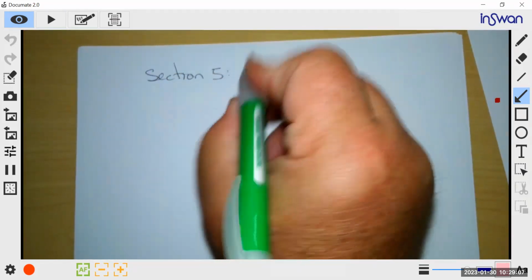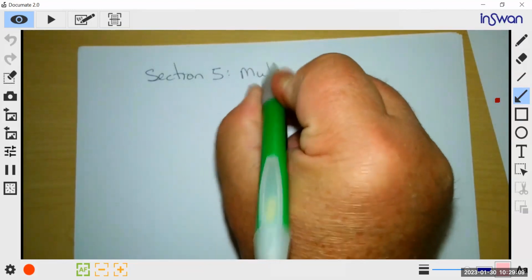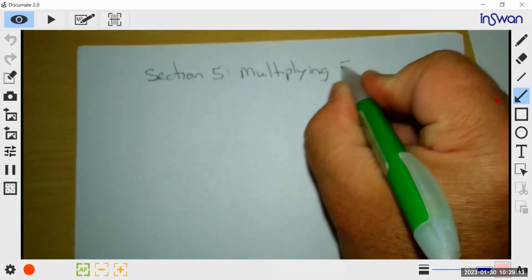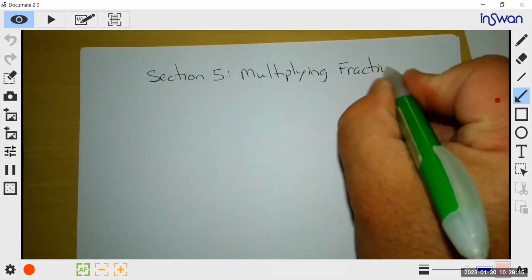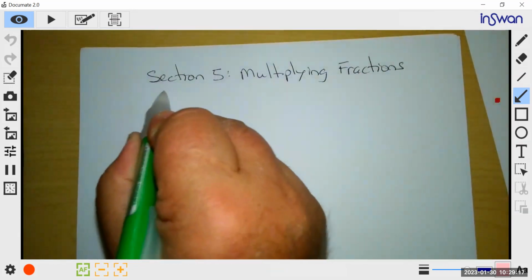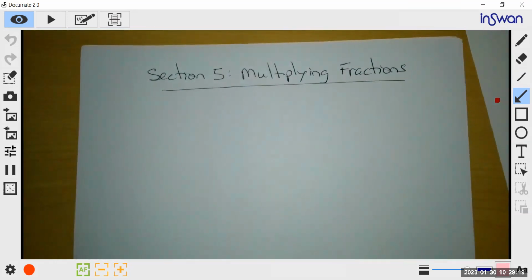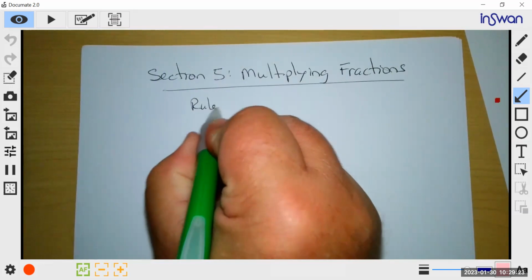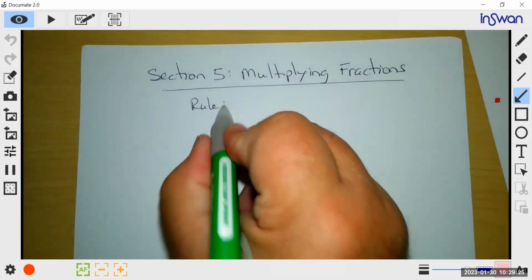Section 5. Multiplying fractions. Here's the rule.